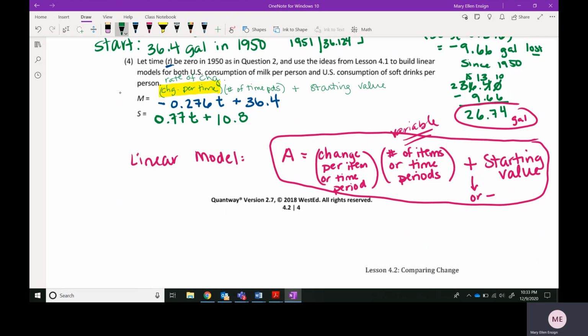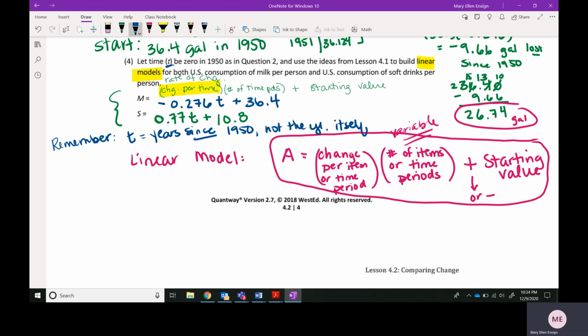Okay, so these are our two linear models. Remember, a linear model is an equation that models or shows what's happening. And we could use any value of t. Now remember that in this case, t is the years since 1950, not the year itself.